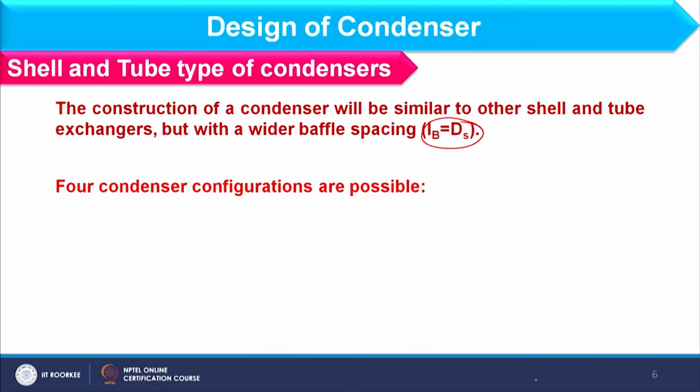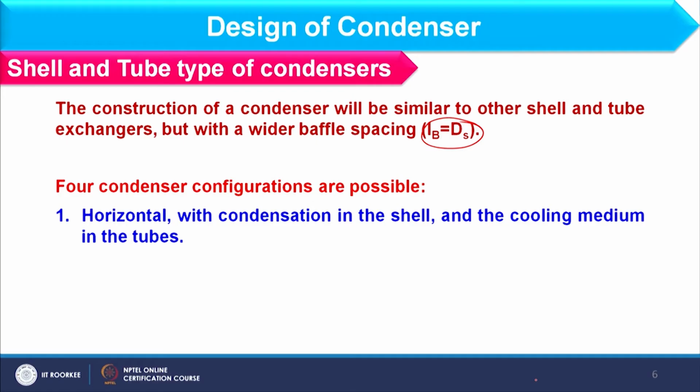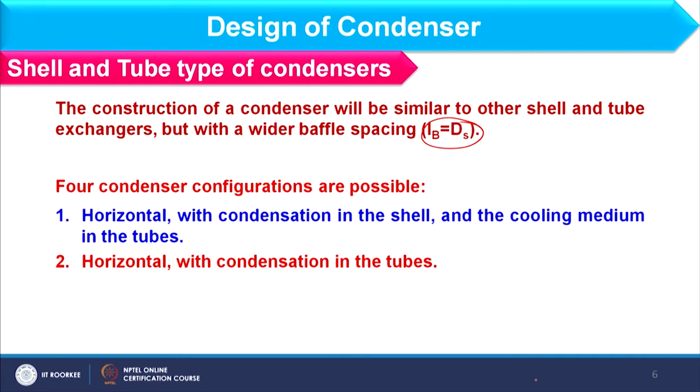Now, if I ask you what is the orientation of the condenser, in that case you again have 2 options only, one is vertical and second is horizontal, right. So, only 4 condensers we can configure depending upon orientation and the side of condensation, and these 4 condensers are: horizontal condenser where condensation is in shell side and cooling media is available in tube; second, horizontal condenser where condensation is in tube side.